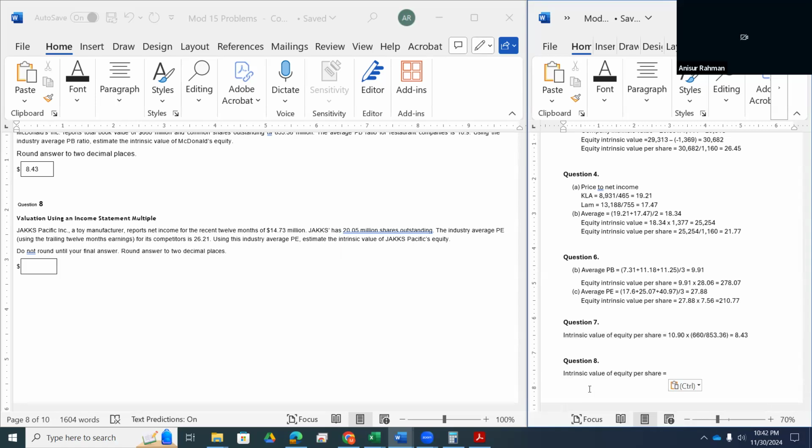Now we use the average PE, which is 26.21, multiplied by earnings per share. PE is price per share divided by earnings per share, so your total earnings divided by the number of shares.